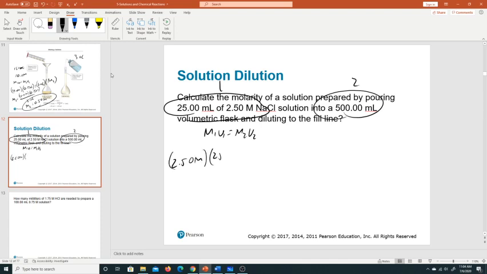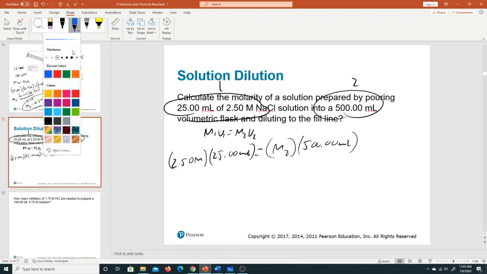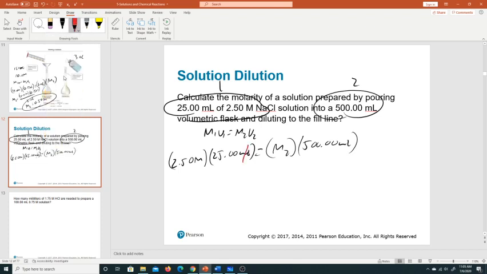Volume 1 is 25.00 milliliters. Molarity 2 we don't know. V2 is 500.00 milliliters. Now in the prior example, I used liters for volume. This is milliliters for volume. It doesn't make any difference because milliliters are going to cancel anyway. All that's left over is going to be molarity. So M2 equals 2.5 molar, 25 rather.